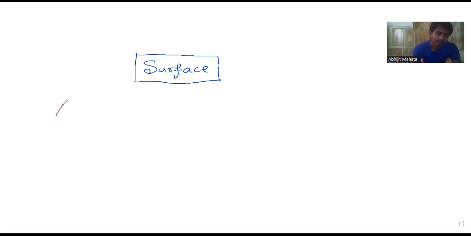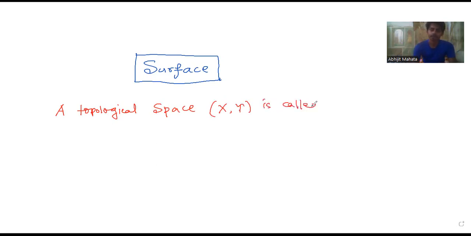A topological space (X, tau), where X is a set and tau is a topology on X, is called a surface if the following hold.